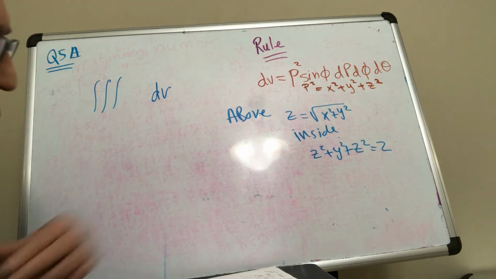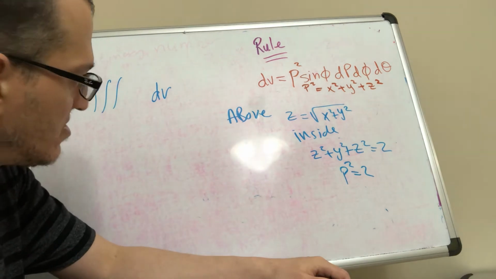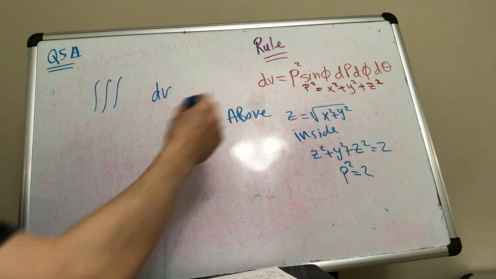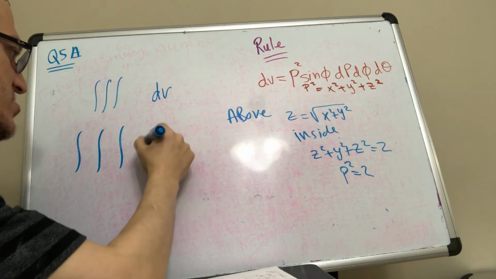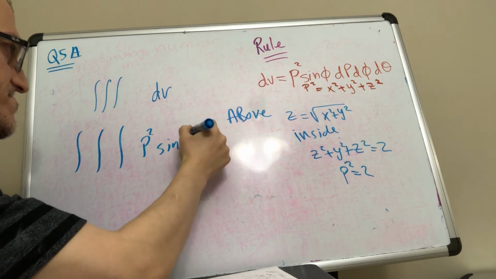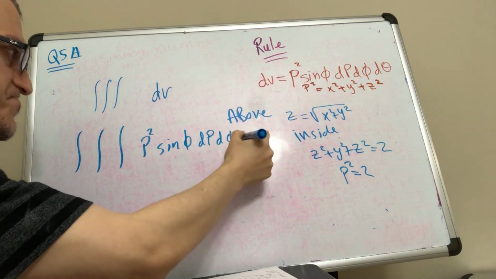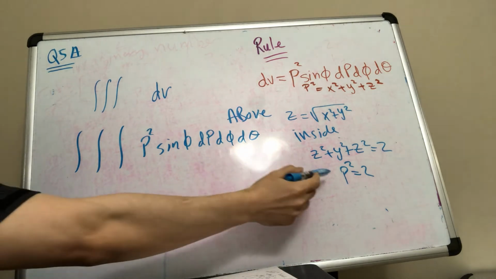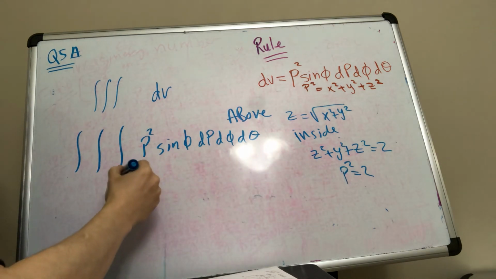And since we know that this is p squared, p squared is 2. If p squared is 2, so for the limits of dv, we put p squared, so the limits for p would be the square root of this, so 0 to root 2.